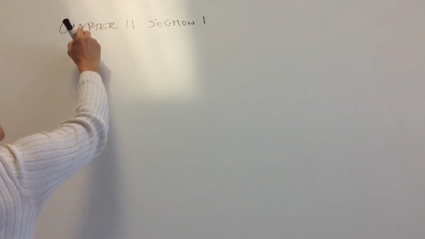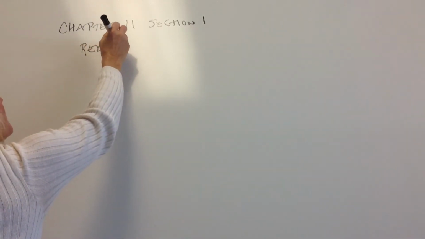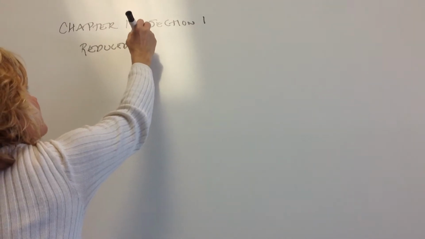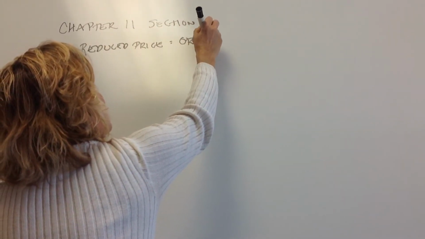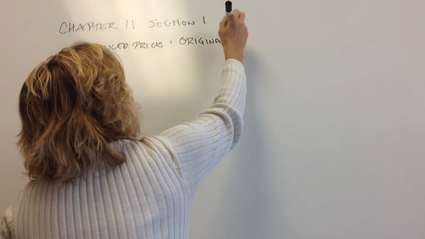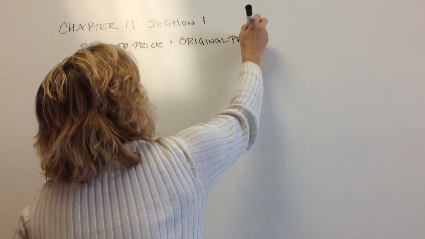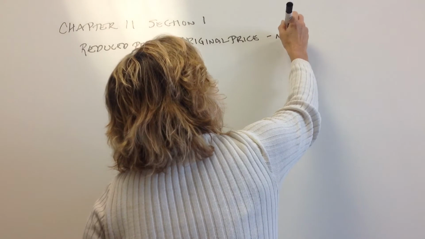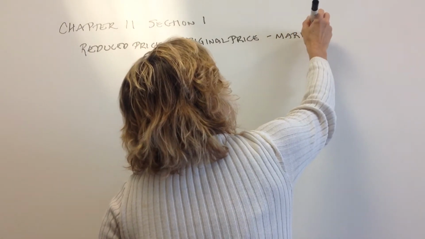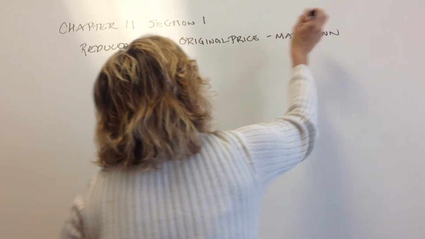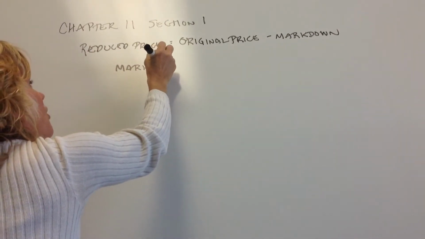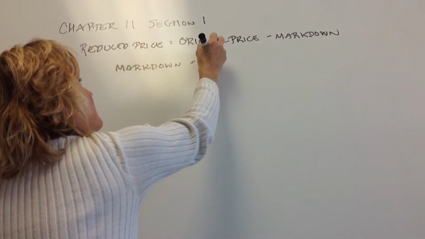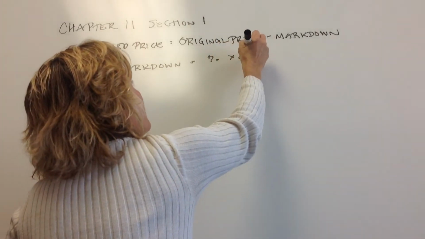So our reduced price is our original price minus our markdown. And then our markdown is always a percent times our original price.